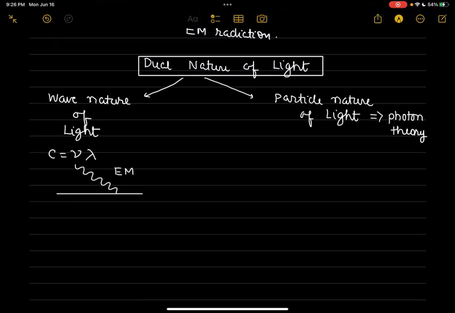And particle nature is going to tell us that light is a stream of particles. If light is coming towards me, it is a stream of particles continuously coming towards me, and that stream of particles is known as photons.